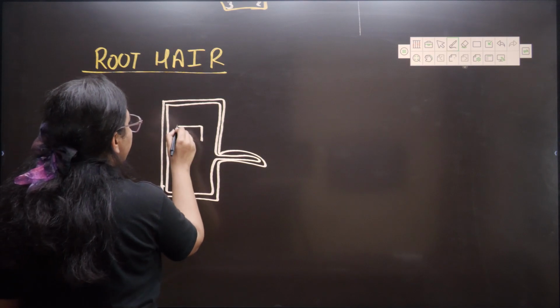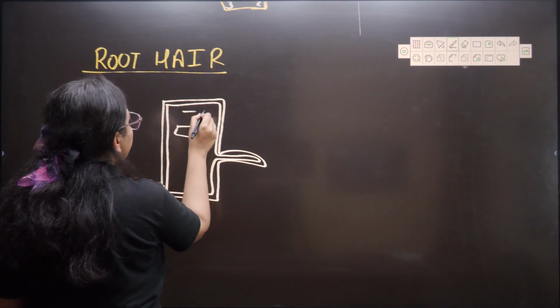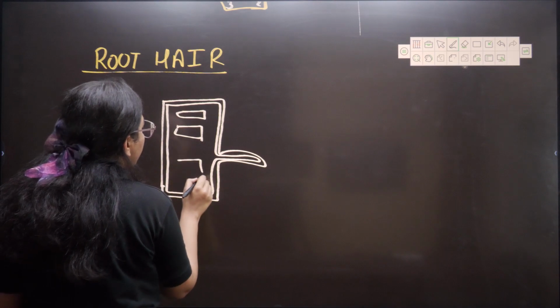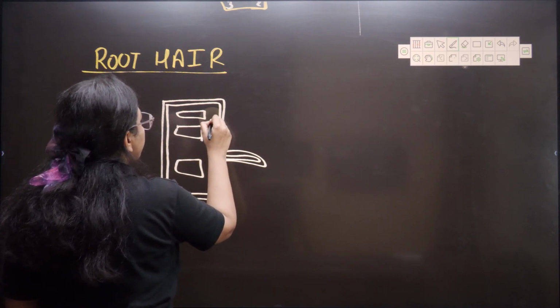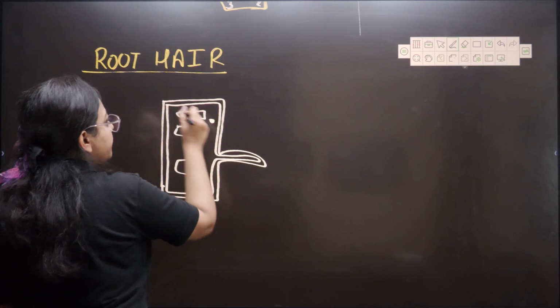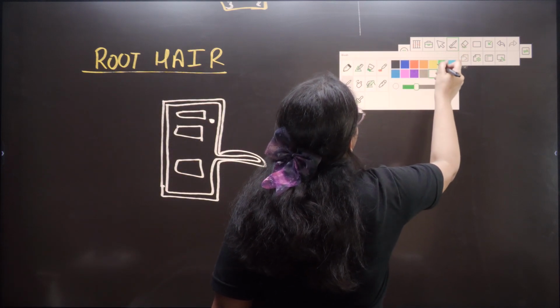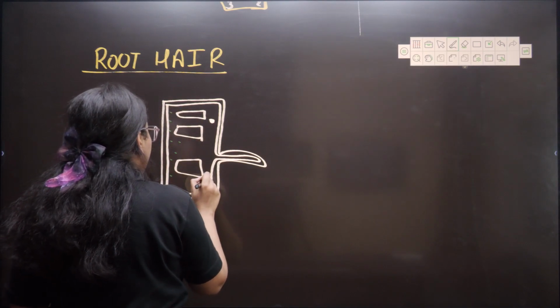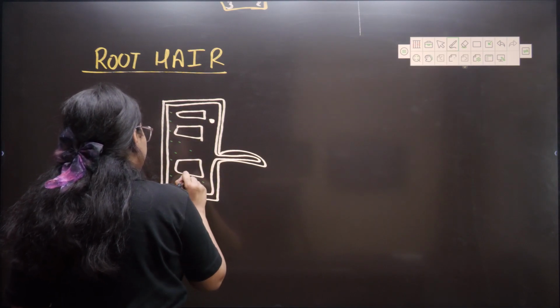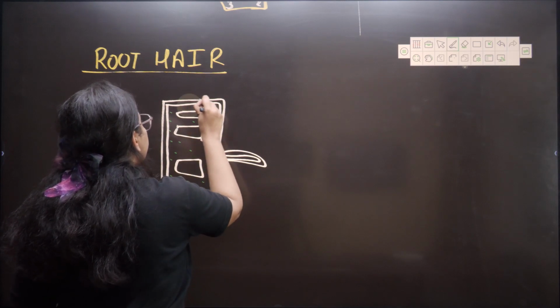Okay, it will have the vacuole like this. One nucleus will be there, and then the rest part will be chromosomes filled in it.